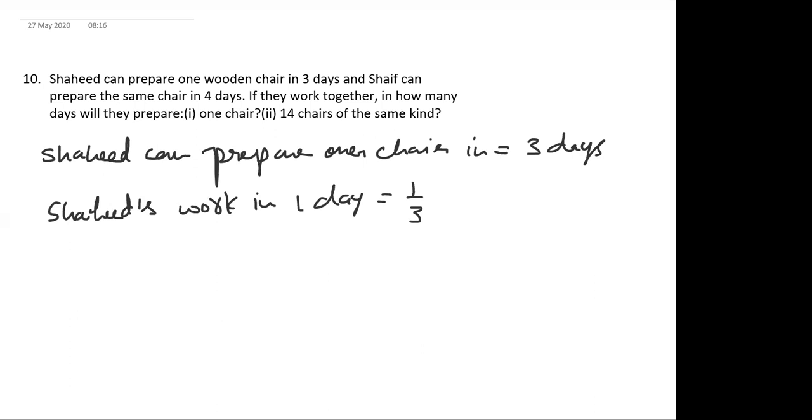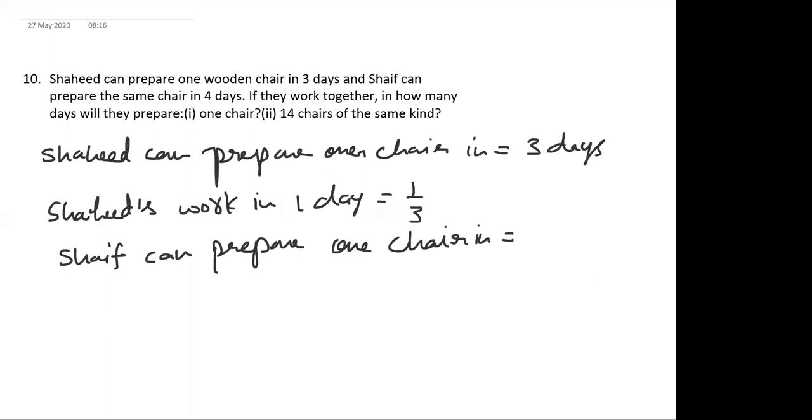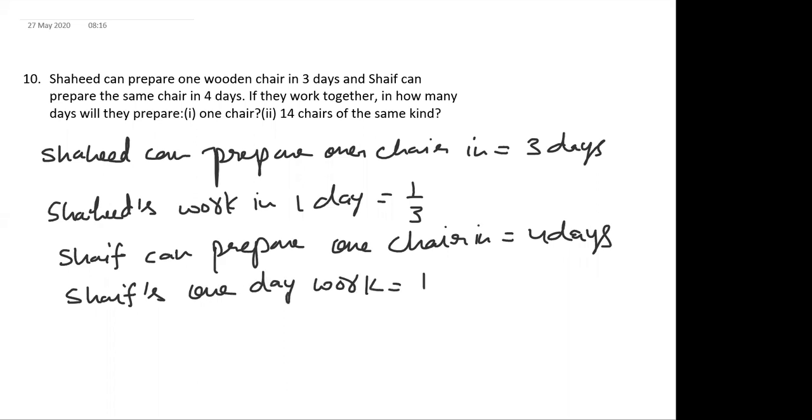Okay, and on the other hand, chef can prepare one whole chair in 4 days. So chef's 1 day work is equal to 1 upon 4.